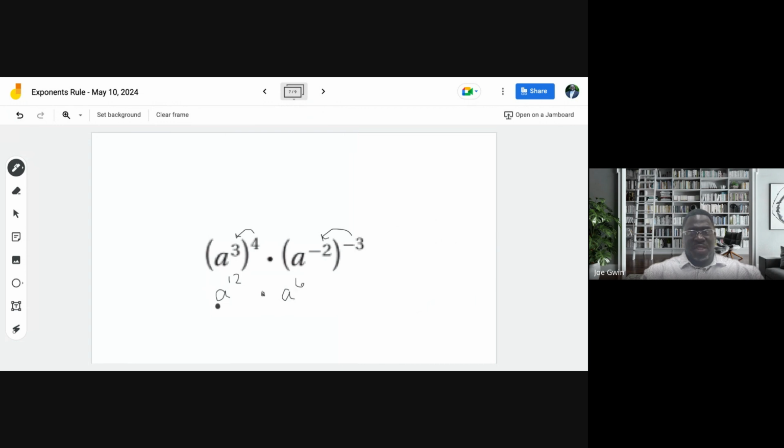And then we said if you have the same base, all you have to do is add your exponents. So let's add those exponents: a to the 12 plus 6 equals a to the 18th.